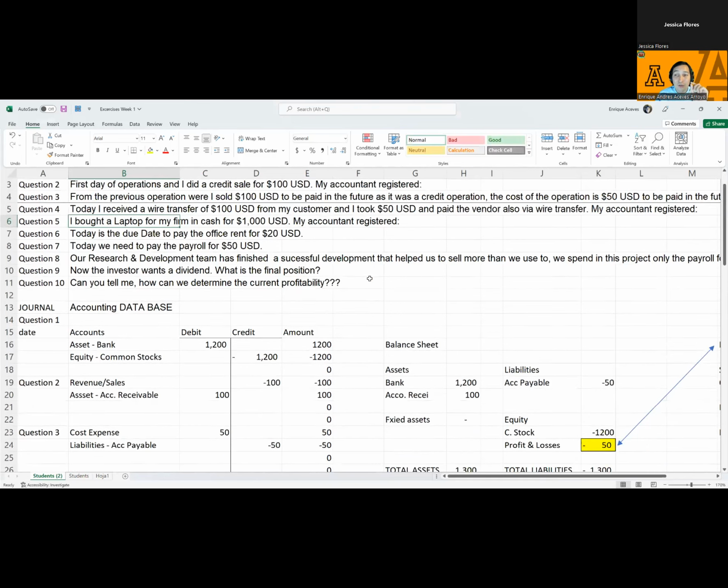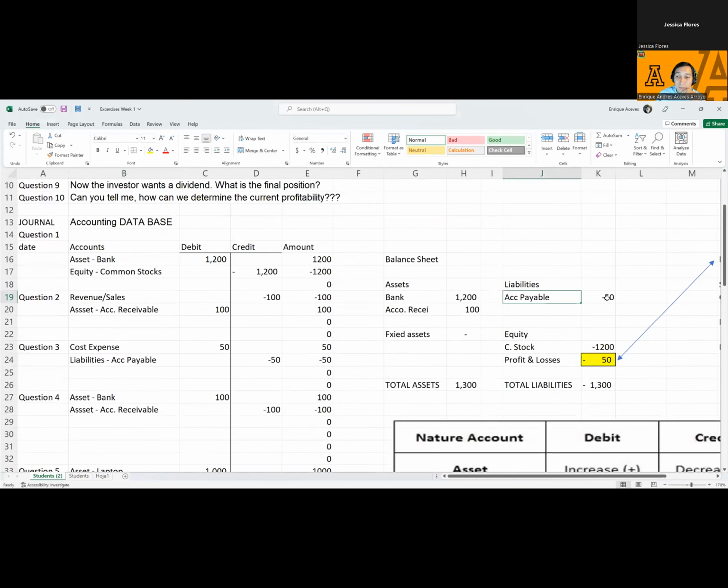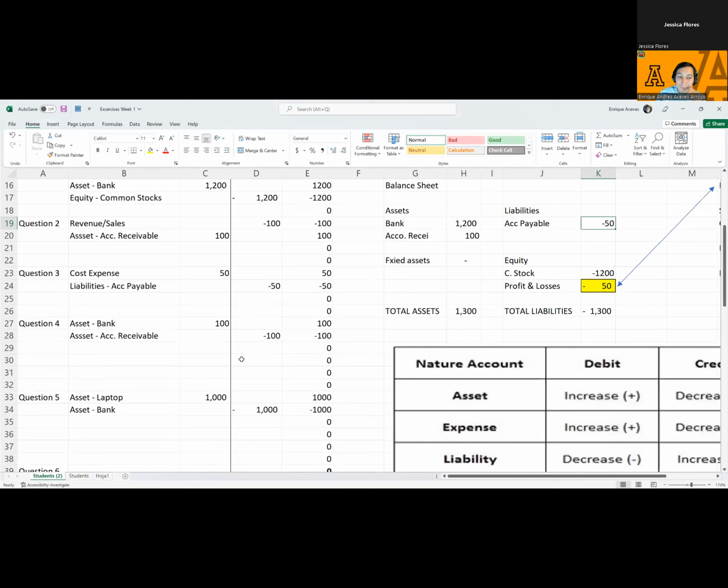You are paying that debt. And if you remember, somebody lent you money before. So what we have to do is pay that debt. Where is that money coming from? The bank. You are decreasing the resource from the bank in order to pay the debt.